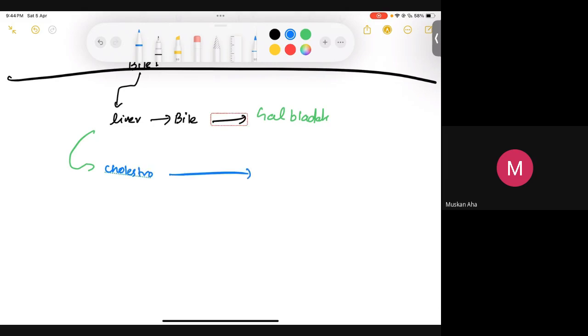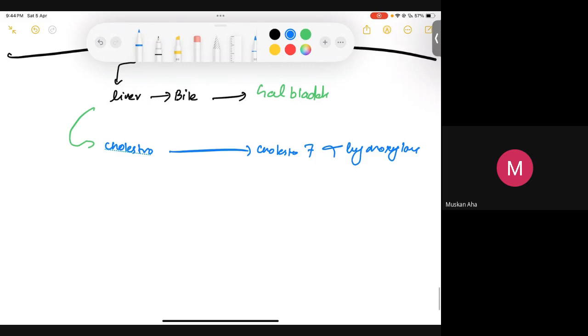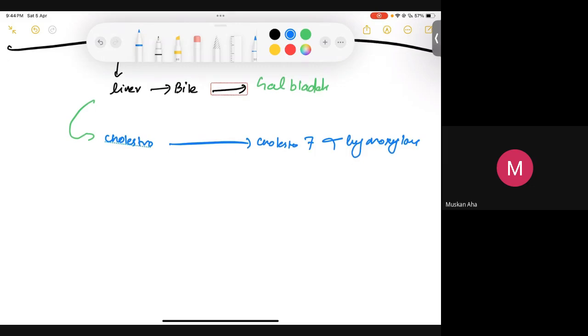What's the name of that enzyme? Cholesterol 7-alpha hydroxylase. What happens next once this enzyme has acted? The cholesterol is converted into bile acid. Is that clear?